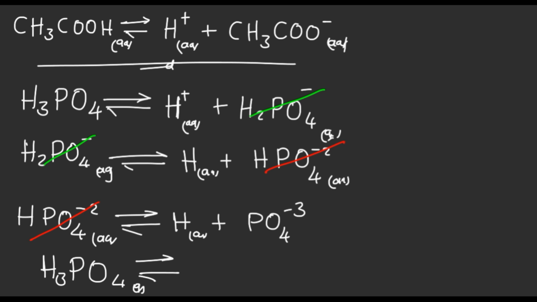Then the other thing, I need to add all these 3 hydrogen ions. Since there are 3, I'll put 3 H plus aqueous. Then plus this part here, which is PO4 3 minus. So this is our final answer.